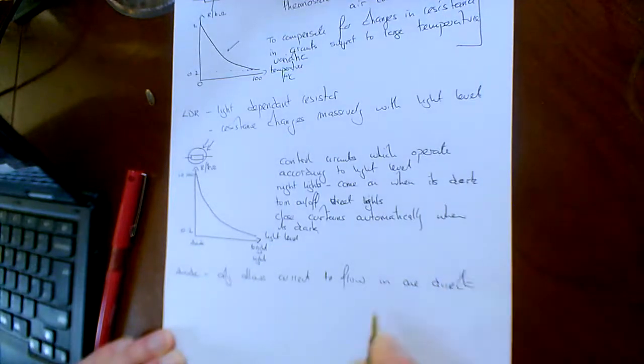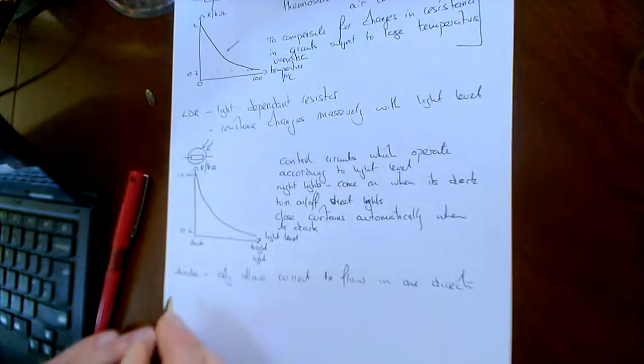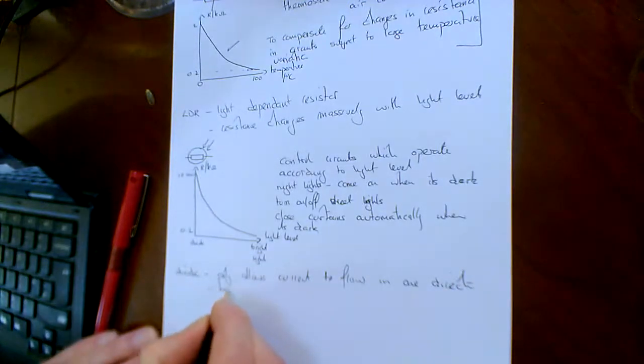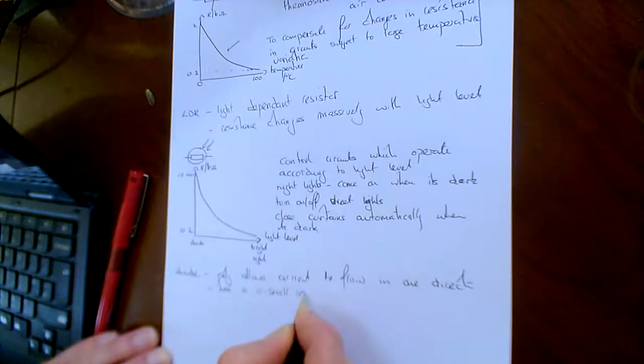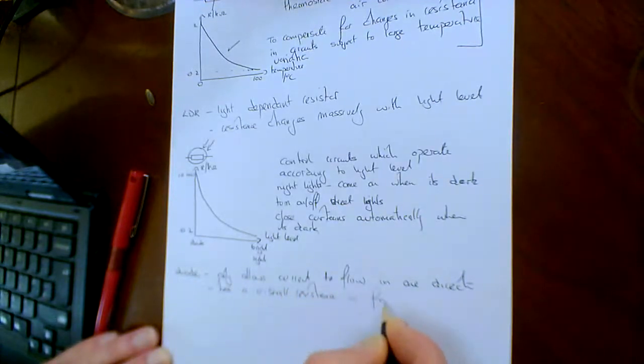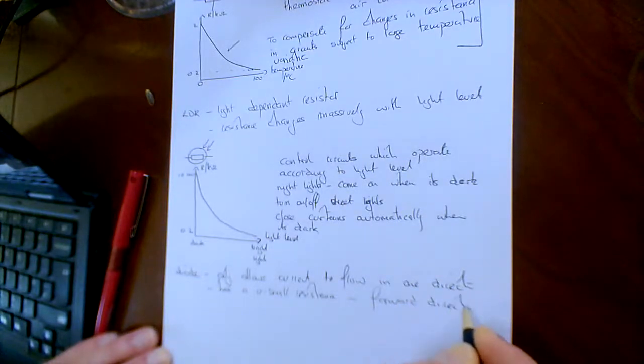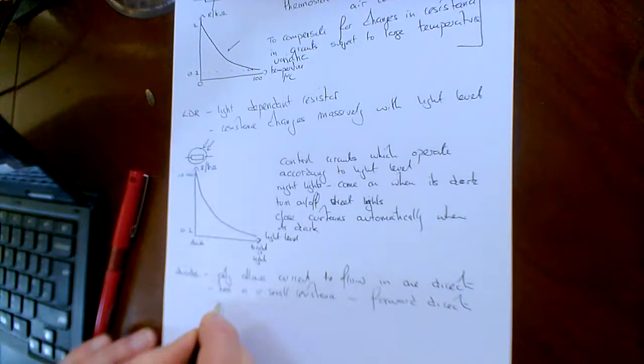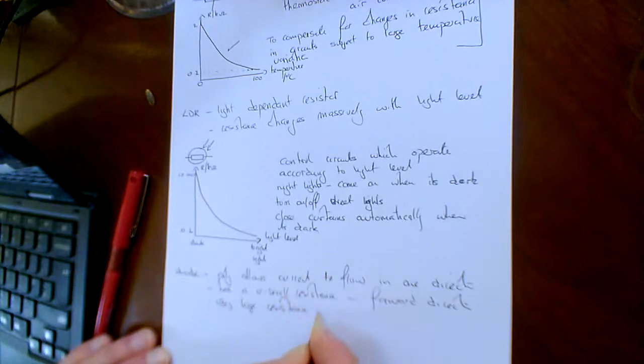Technically, a very small current flows the other way, but it has a very small resistance in the forward direction and a very large resistance in the reverse direction.